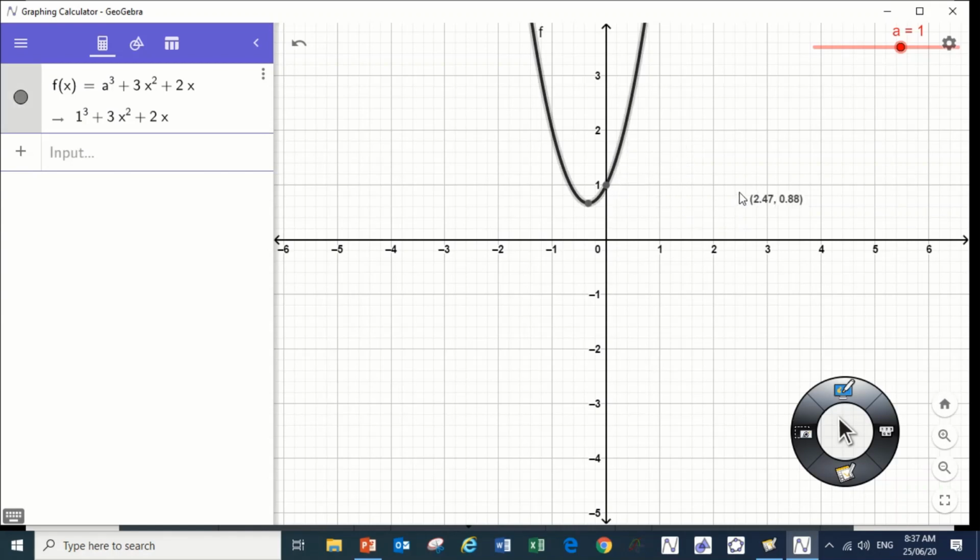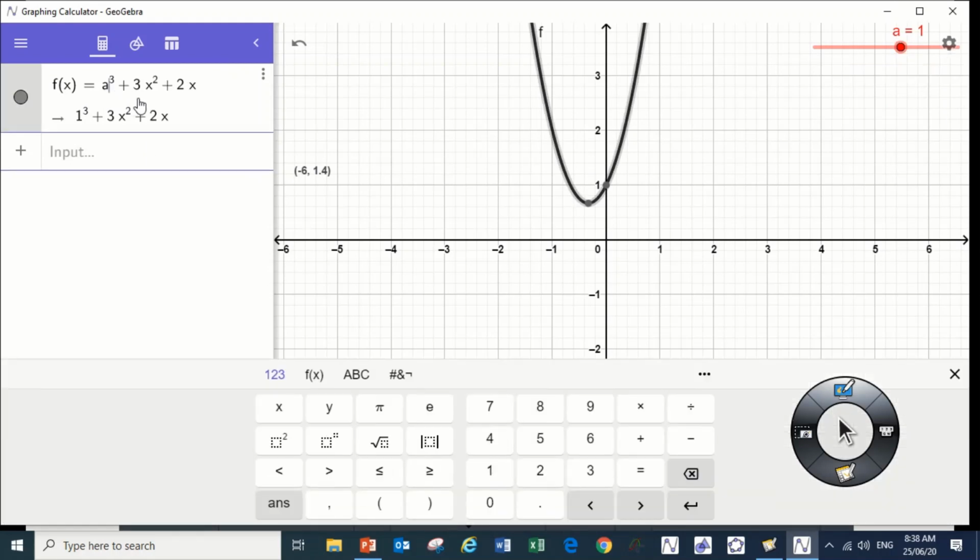Do you see that for the cubic function, if I put a equal to 1 here, you end up having a quadratic function. So let me change my slider now. Oh, in actual fact, I made a mistake there. Anyway, let me put x here.